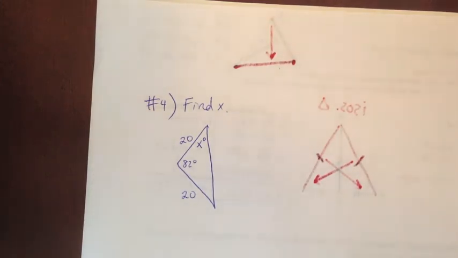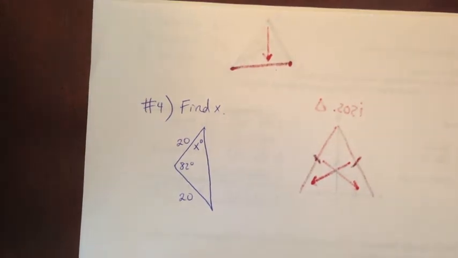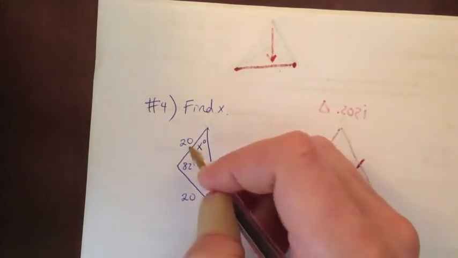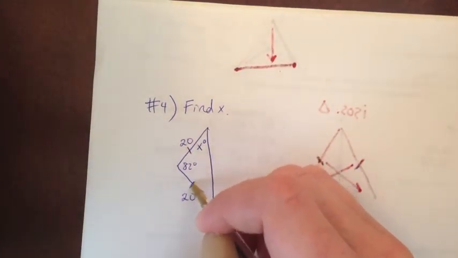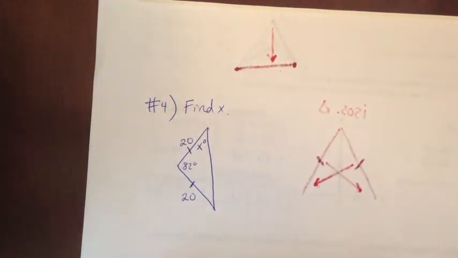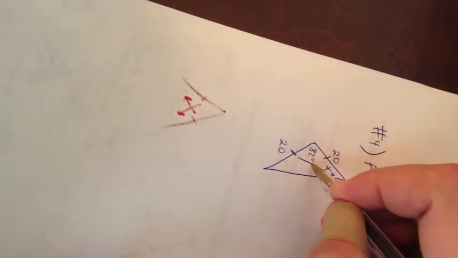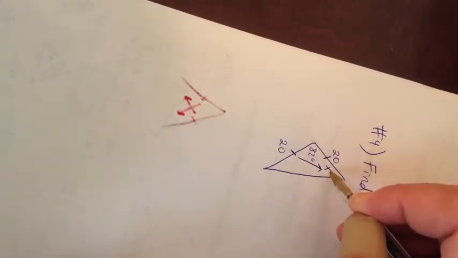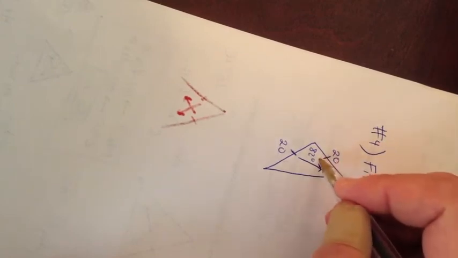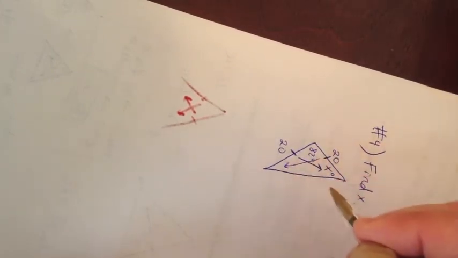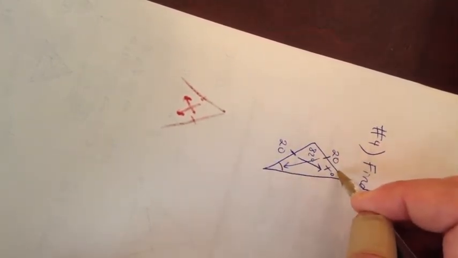Okay, well, first thing you want to focus on, hey, we got some stuff congruent. We've got these two sides are congruent right here. That means that the opposite angles have to be congruent. Now if I turn this to make it look a little bit more traditional as isosceles, we've got x is opposite the 20, and then this blank is also opposite the other 20.